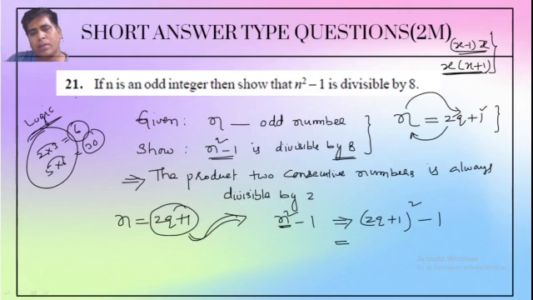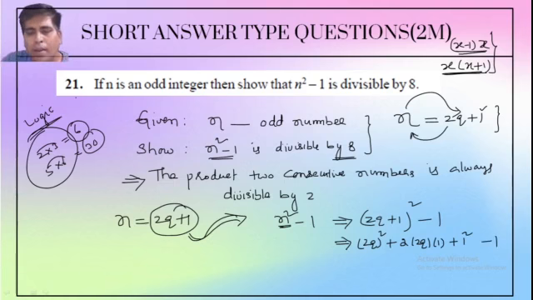Expand it. You already know the a plus b whole square formula: a square plus 2ab plus b square. Again, minus 1.